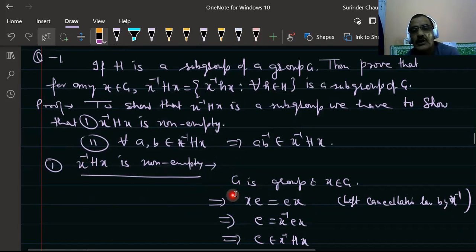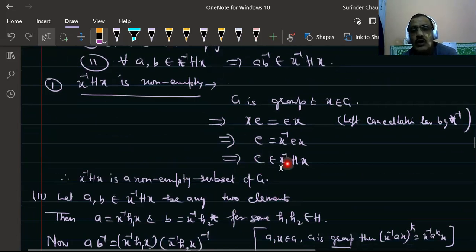How to prove it? Given G is a group and x belongs to G, we know that the group has an identity element e. So xe is equal to ex. If you apply the cancellation law with x inverse, because x belongs to G and G is a group, cancellation holds in G. Therefore e equals x inverse ex.